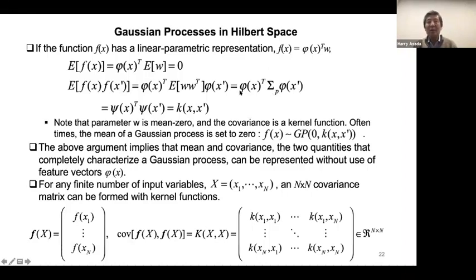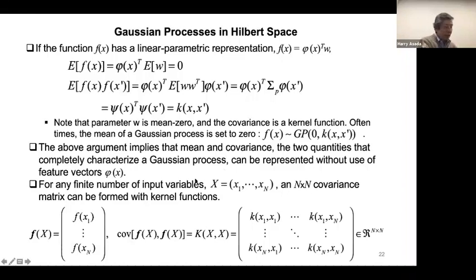And then we showed how this can be reduced to an inner product of new functions, and that's nothing but the kernel. So note the parameter W has mean 0, and the covariance is a kernel function. Oftentimes the mean of a Gaussian process is set to be 0. The mean we can deal with in some other way. So the original process is shown simply by this.